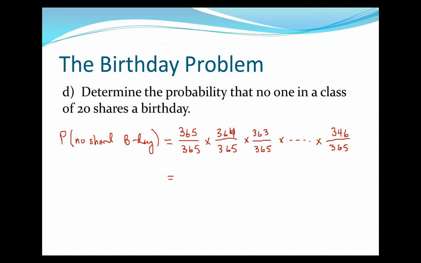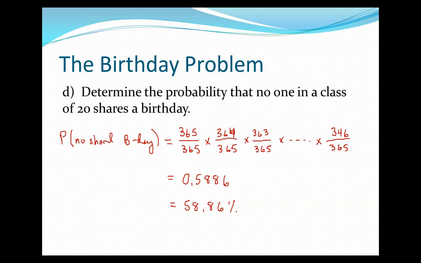All right, so I did it at home. I got 0.5886 to 4 decimal places, which as a percentage is a 58.86% chance of nobody sharing a birthday in a group of 20.